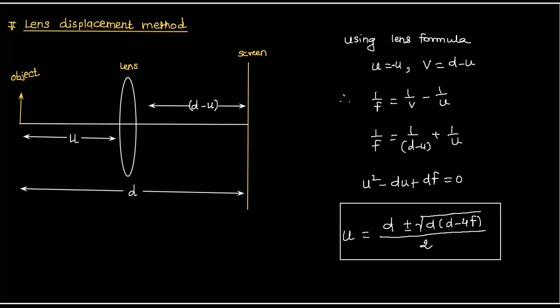Now next, case 1. If d is less than 4f, this d is less than 4f, then u will be imaginary, that is, the object distance is imaginary.